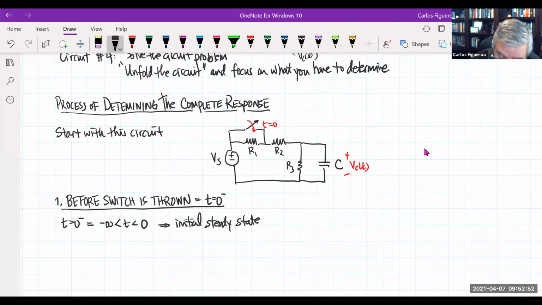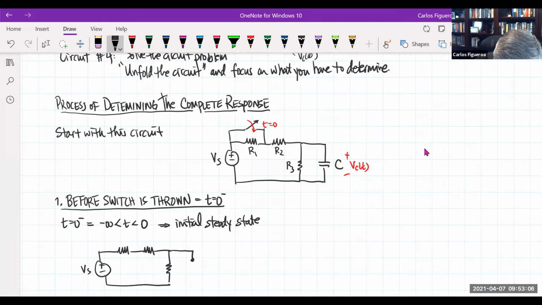So what does my circuit look like? Well, the resistor R1 is in the circuit. So when you look at my circuit, it looks like this. And the capacitor is now an open. So this tells me what VC of 0 minus is. Of course, this is resistor 1, resistor 2, resistor 3. We could see that VC of 0 minus is the same as the voltage across R3.